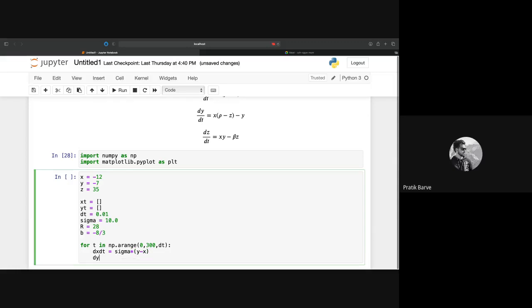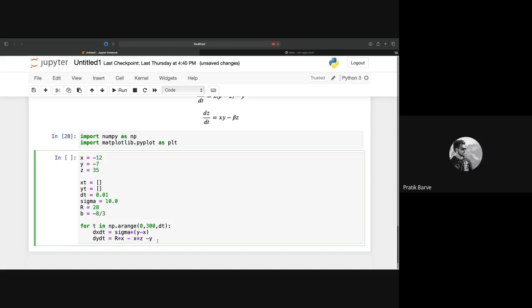then dy dt is rho into x minus x into z. I just opened the brackets, nothing else.